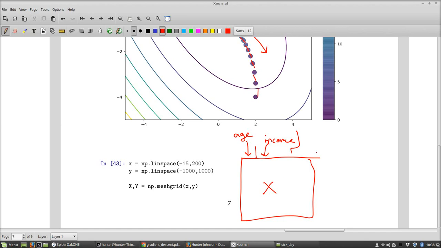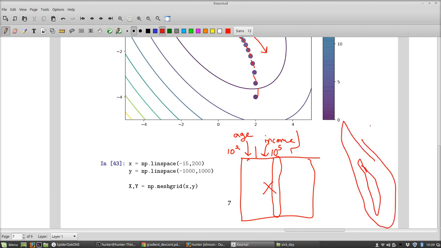So the scale of this column is orders of magnitude different. It's like 10 to the 5th, and this one is like 10 to the 2nd. And what that does in terms of this picture, you can think of it as making these incredibly stretched out ovals.